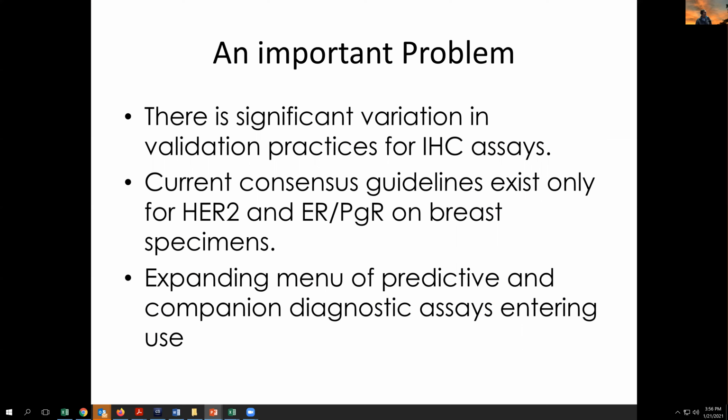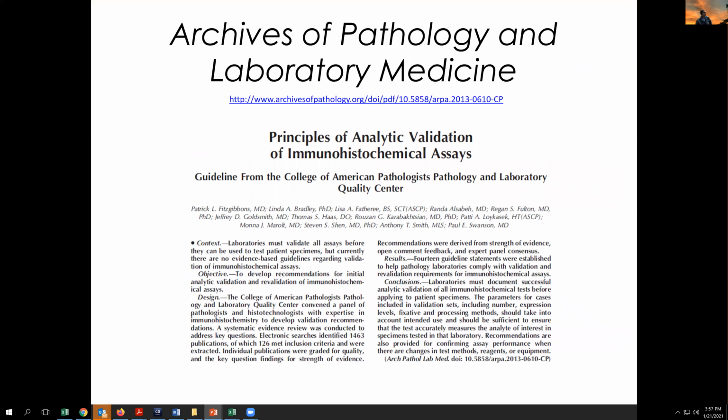There are currently consensus guidelines for HER2 and estrogen and progesterone receptors on breast specimens, and there have been efforts to refine the guidelines for HER2 testing in other organ systems. But we now have an expanding menu of predictive and companion diagnostic assays that are entering use and which we will need to attend to if we're going to provide reliable results and truly predictive information.